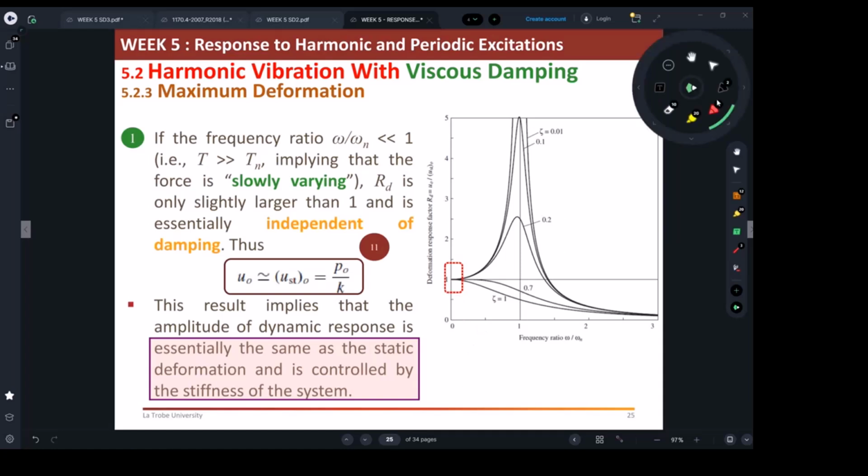Let me help you with the question more. So let's say you've got a ground here. This is the ground. And you have a building. Right? You've got a building. Okay. So you've got a harmonic motion.